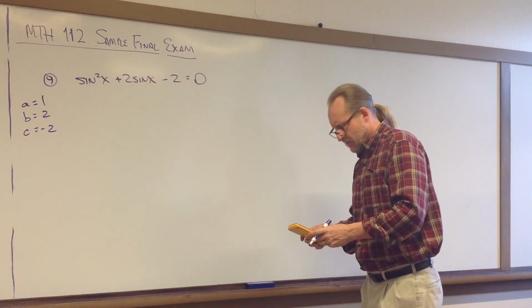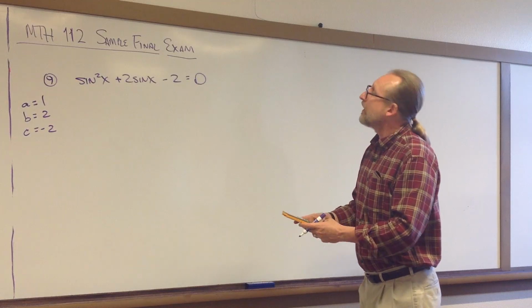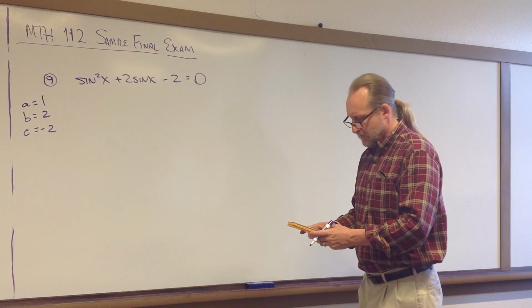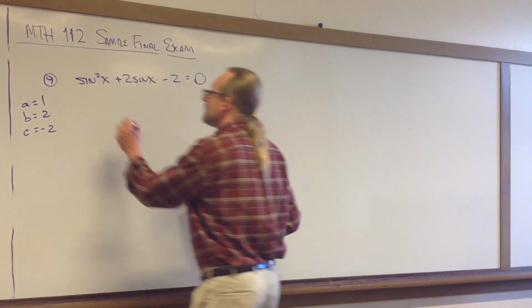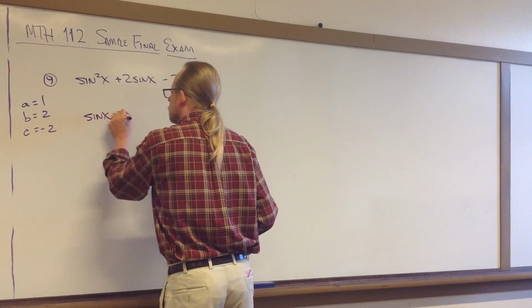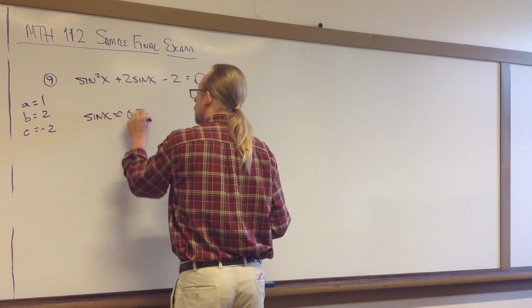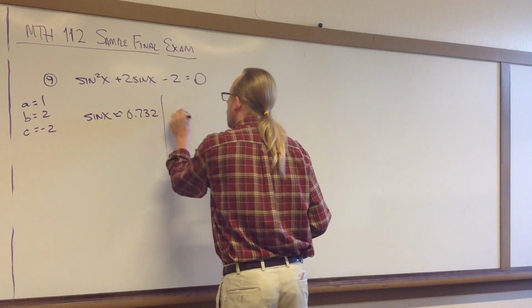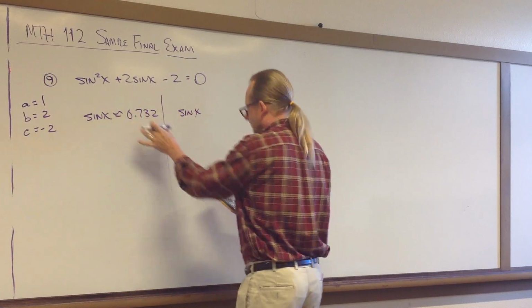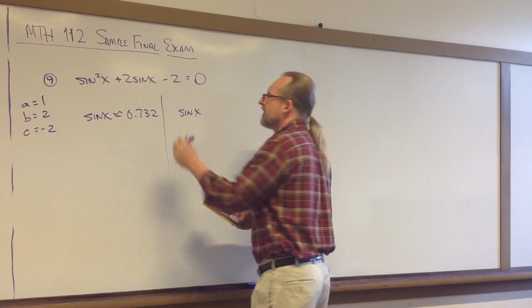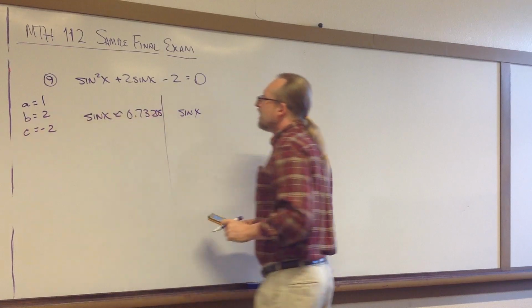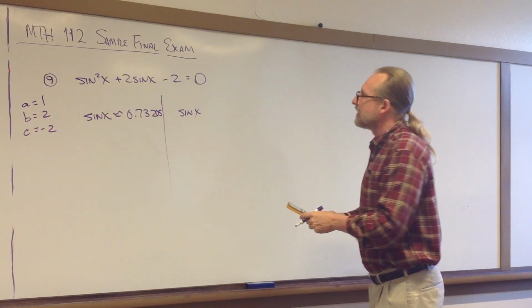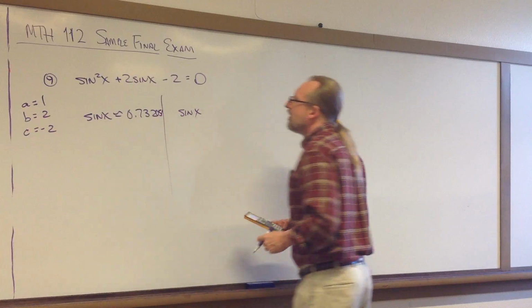So given that, we can run that through the quadratic, positive 2 and negative 2, and this says sine x is going to be about 0.732, or sine x equals negative 2.732. I wouldn't have rounded off there, though I suppose it's okay. I would probably go at least that far.